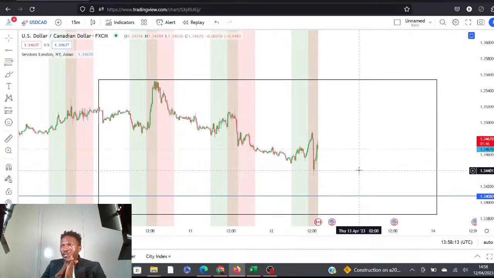It's 2 minutes away, so let's see how the markets are going to react. Let me just see what the forecast is first of all. Canadian interest rate, Bank of Canada.